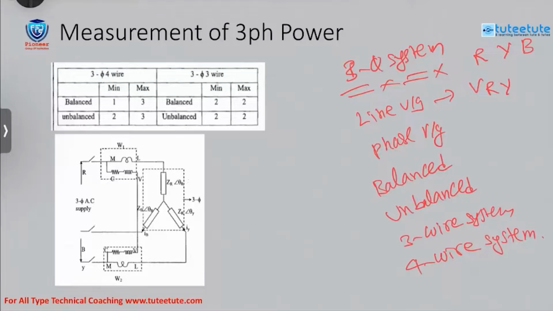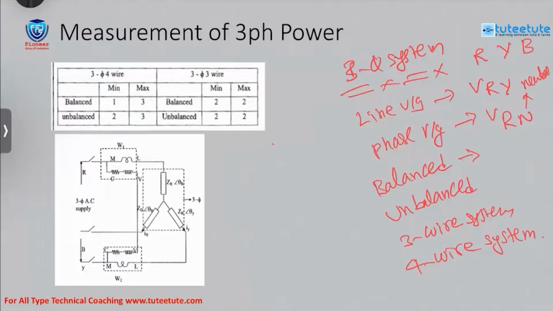If you are measuring voltage between R phase and Y phase, between two lines, R line and Y line, this voltage is called line voltage. The three-phase system is like this, as I have shown here. Whereas phase voltage means VRN, where N is neutral. R phase with neutral, if you are measuring, that voltage is called phase voltage.